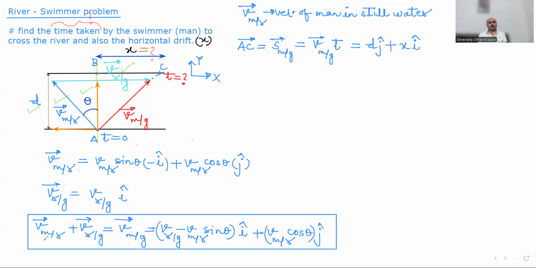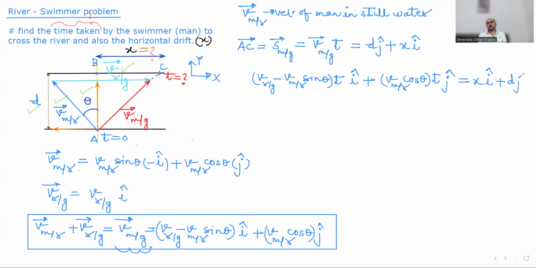Now substitute the value of VMG from here. It is VRG minus VMR sine theta into t I cap plus VMR into cos theta into t j cap is equal to x I cap plus d j cap. Clear?